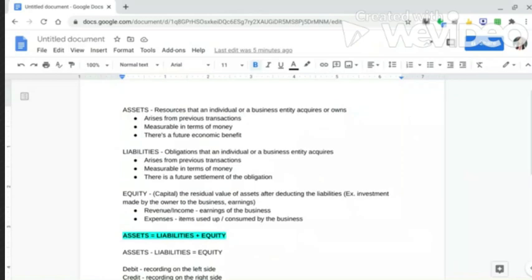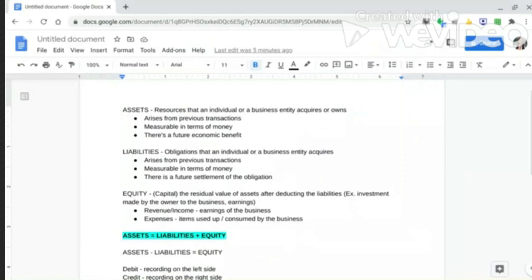How about liability? Expense na nga, binayaran mo na yung delivery expense. So is it still an obligation that needs to be settled in the future? I think it's not. How about for equity? Is this an investment made by the owner to the business or may earnings ba? Siguro not.